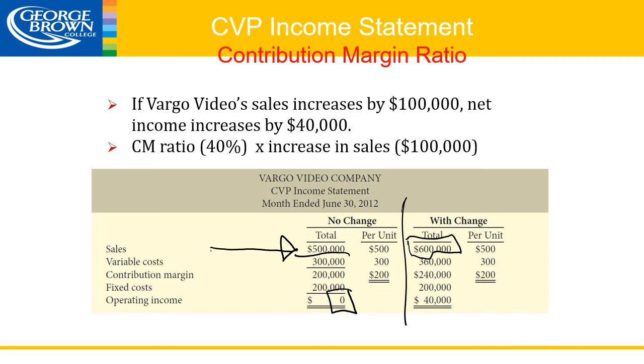So if we take 40%, which was our contribution rate, and multiply it by the increase, or 100,000, we get 40,000, which is what the increase in the profit would be. So you can quickly understand, using your contribution rate, the effect that increases in sales are going to have on your profit.